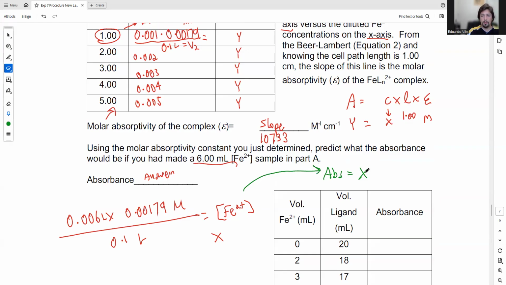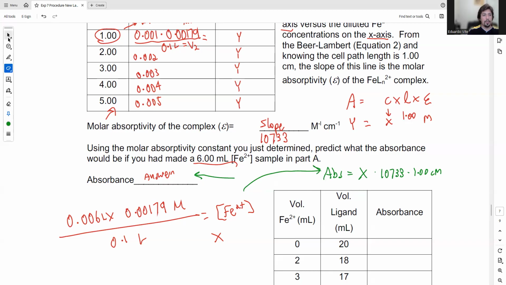So absorbance is equal to X times the molar coefficient that you just determined, 10733, times the path length, which is 1.00 centimeters. And then that absorbance is going to be the answer that you're going to put in right over there.